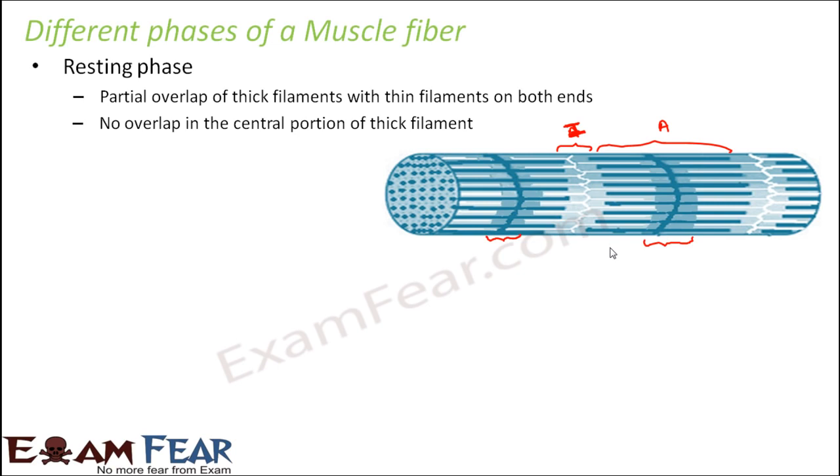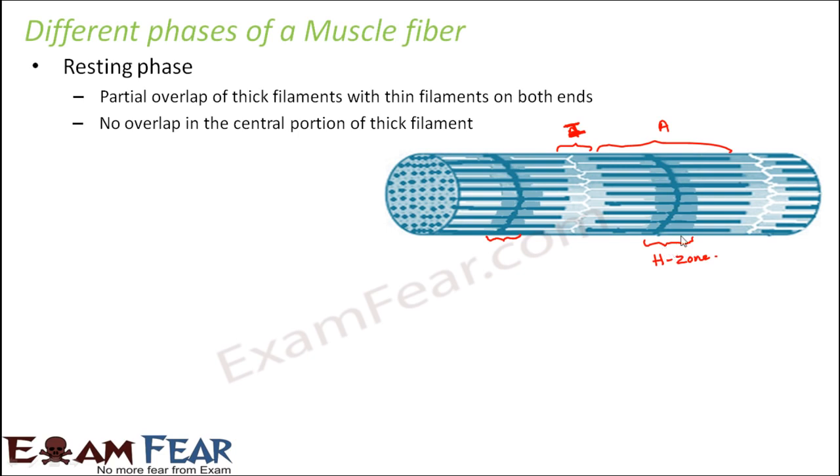However, there is no overlap in the central portion of the thick filaments. So this is the central portion of the thick filaments where there is no overlap, and this zone is known as the H zone. This region of the thick filament, the central region of the thick filament which is not overlapped by the thin filament, is known as the H zone, and this is how it looks like in resting phase.